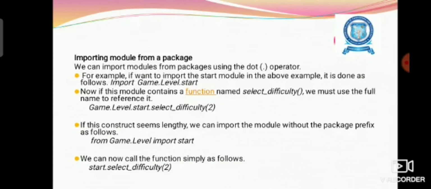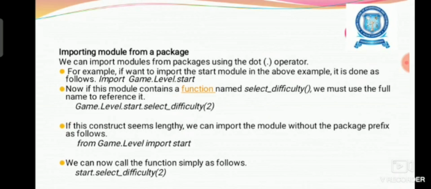In the previous case, we imported the full module start. The start module may have many methods, but we are only accessing select difficulty. So when we call it, we have to write start.select difficulty.